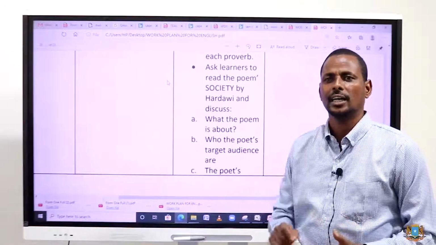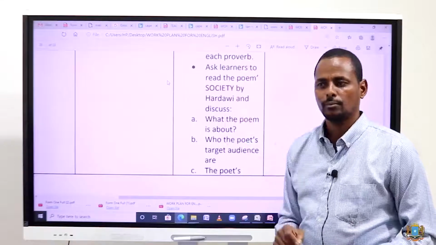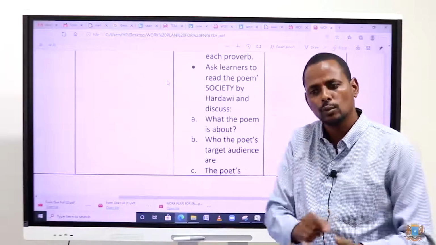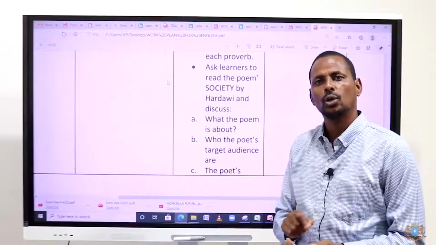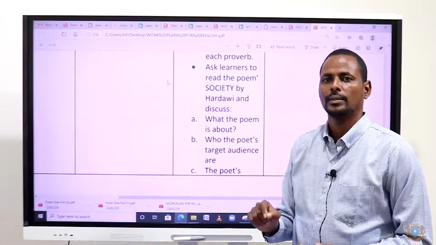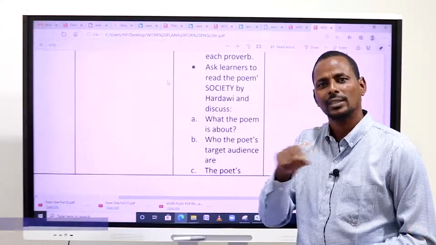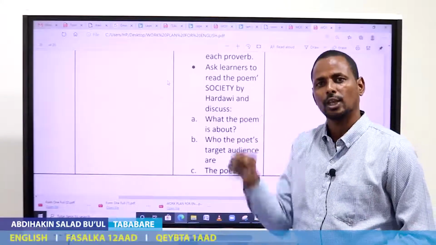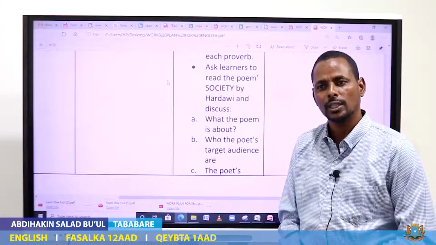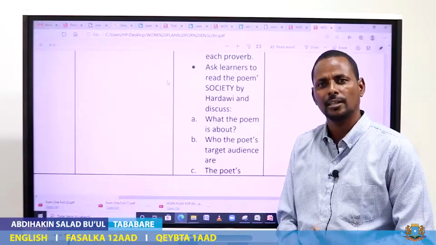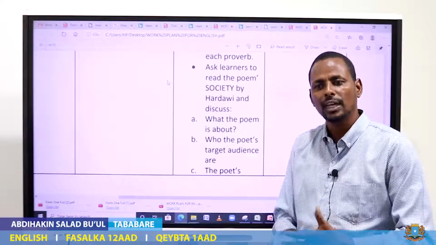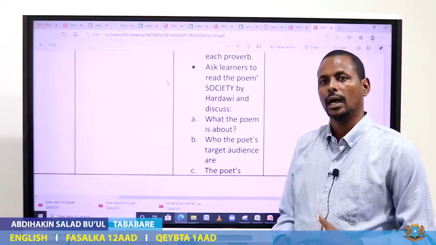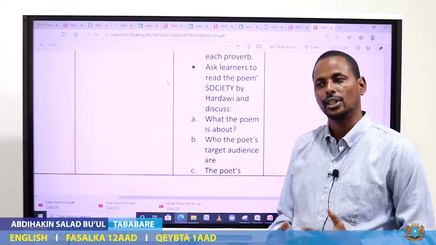He creates a character to become his mouthpiece, to speak for him. The way I'm using a microphone, talking to you, that person is what we call the persona in the poem. Look at the way the persona talks. This will lead you to the time setting and geographical setting, where this poem has been set, which society is being addressed, what they believe, and what the themes are.